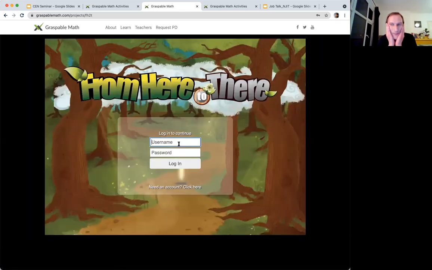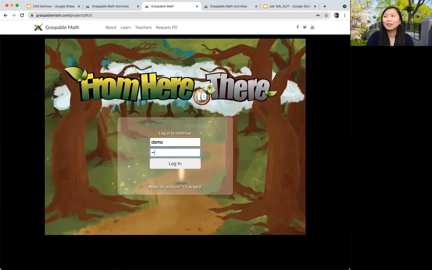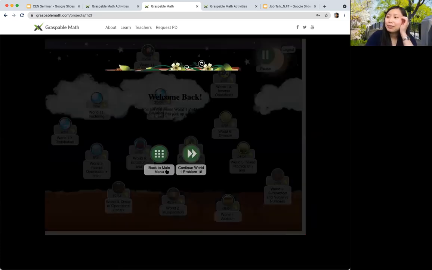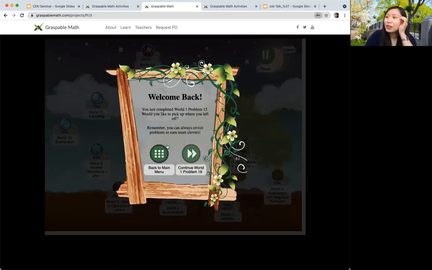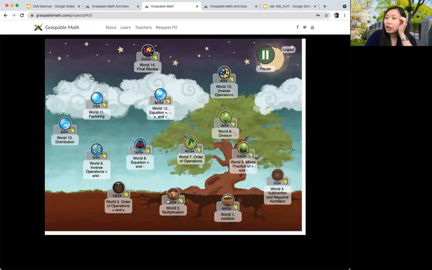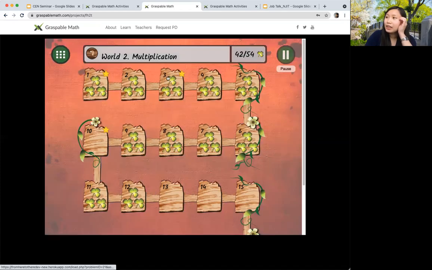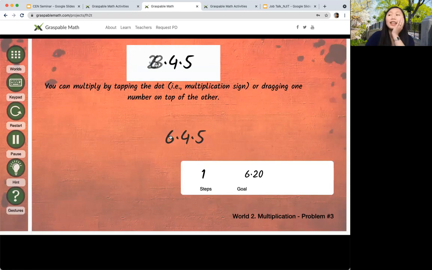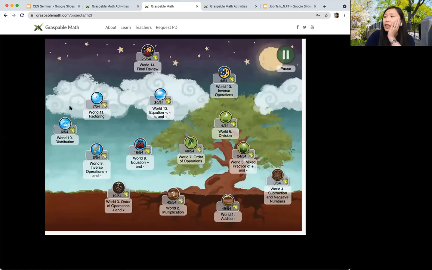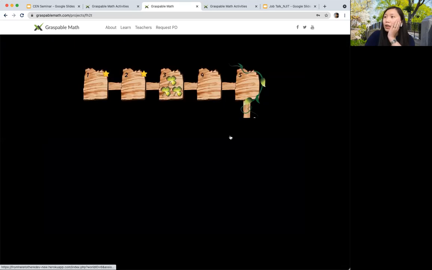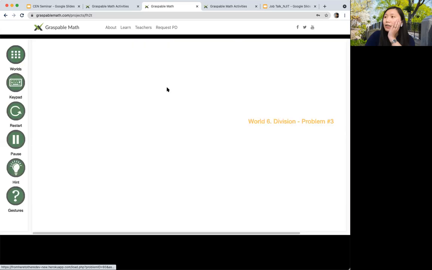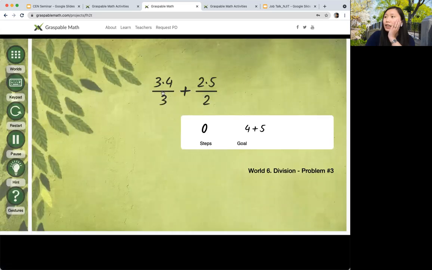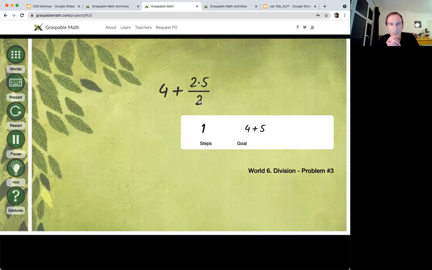So here I'm going to hack into our system. In multiplication, it is really similar. You tap on the multiplication sign, and then the numbers combine and show the multiplication. In the division world, similarly, if you tap on the division sign, you can factor and do the division.